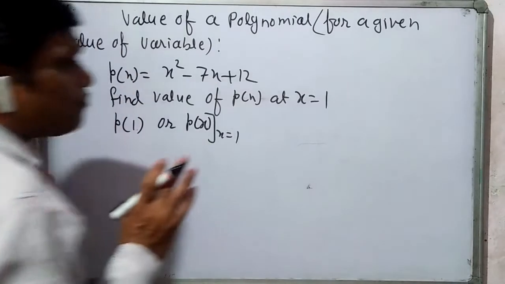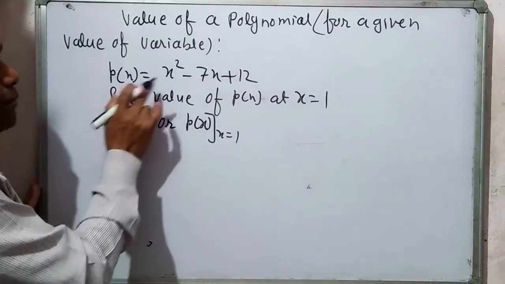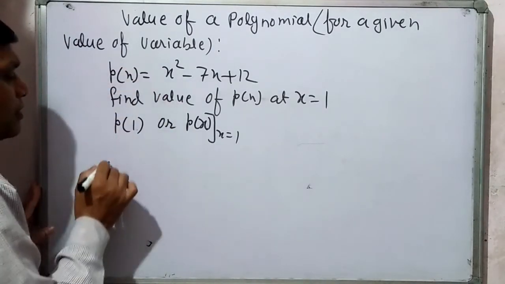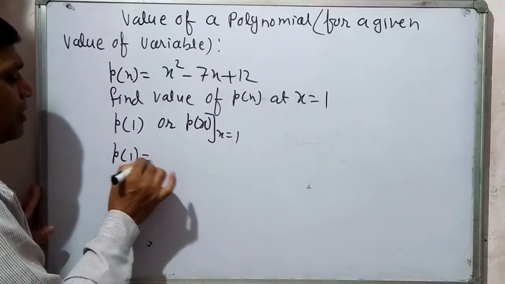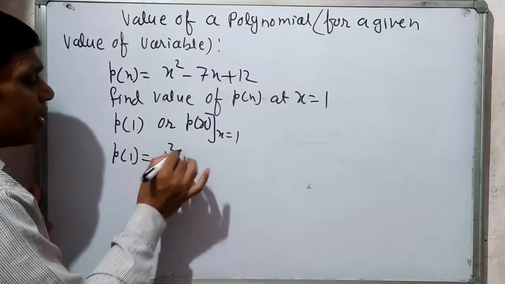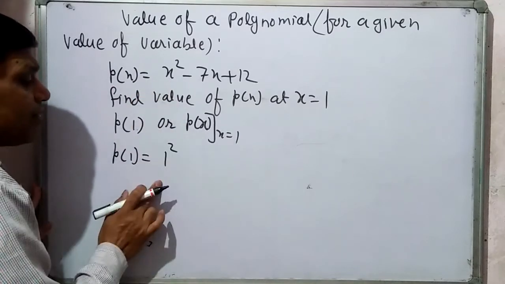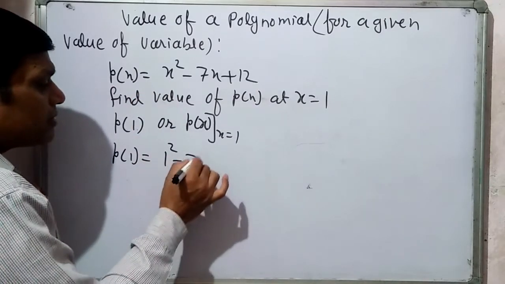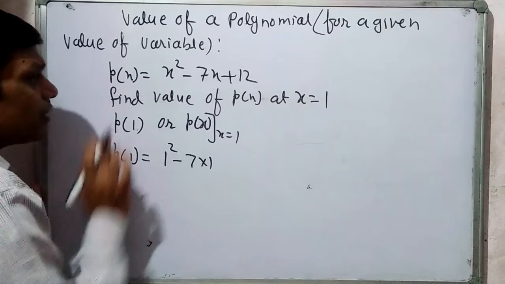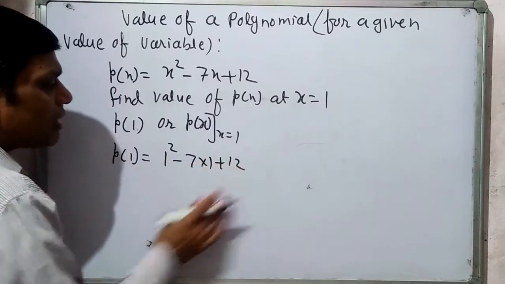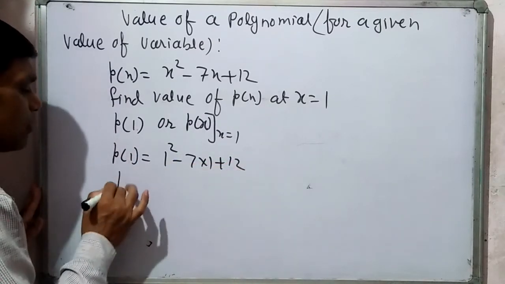How do we find it? We find it only by putting x as 1. So what we get is p(1) should be 1 square, in place of x we are writing 1, minus 7 into 1, plus 12. We shall calculate this.